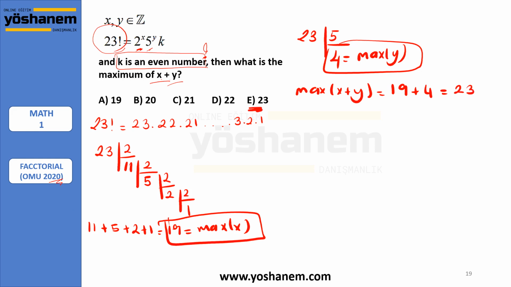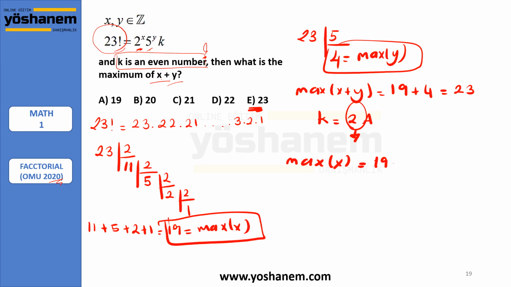But wait, it was saying k is an even number. So k is a number like 2a, 2b, there is at least 1, 2 is here. So I have to give one of my 2's from x to k. So my new maximum x will be 19.